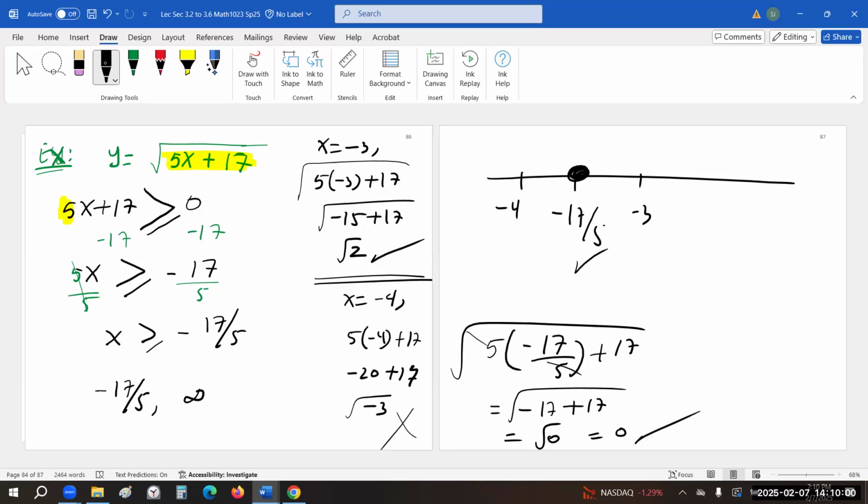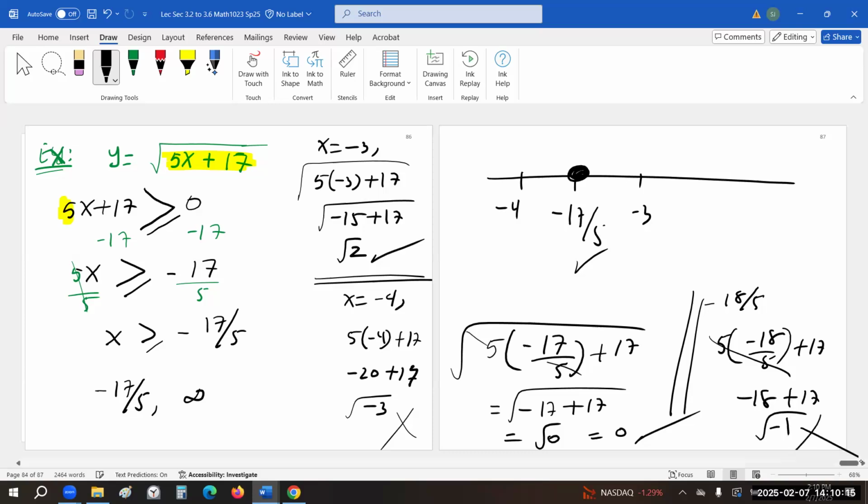Let's think about negative 18 over 5. Negative 18 over 5 we cannot use, because we get 5 times negative 18 over 5 plus 17. So you get negative 18 plus 17, which is negative 1, doesn't exist. You see? We can only use from negative 17 over 5 and bigger.